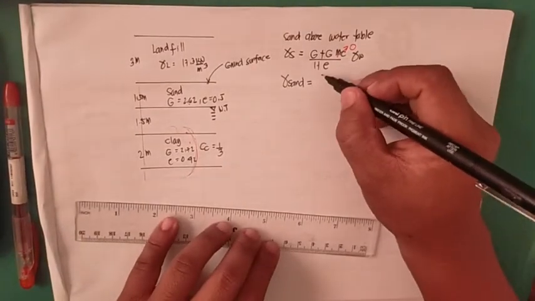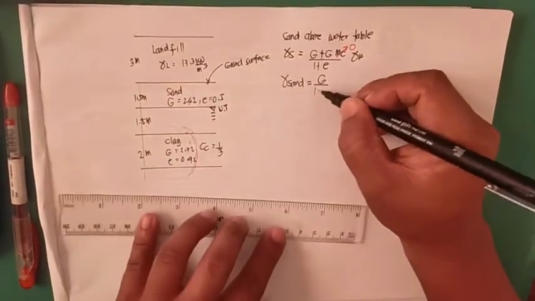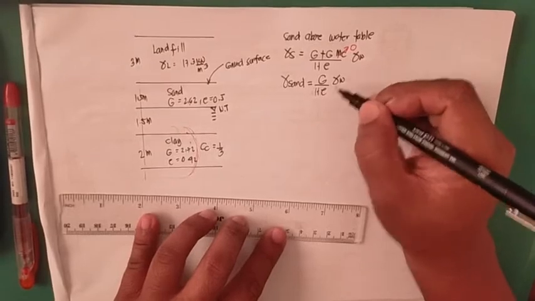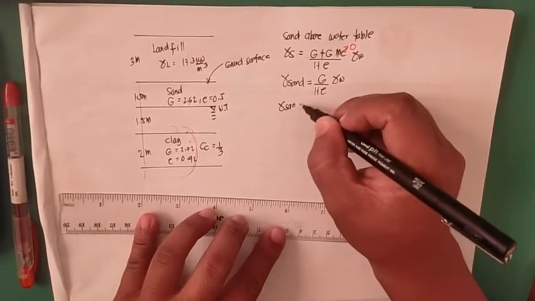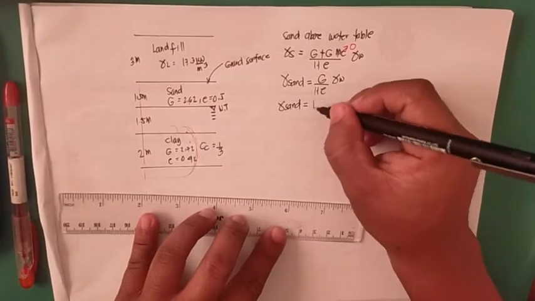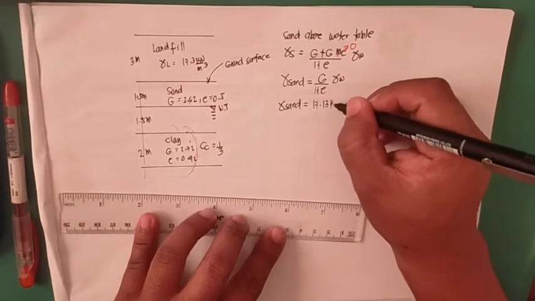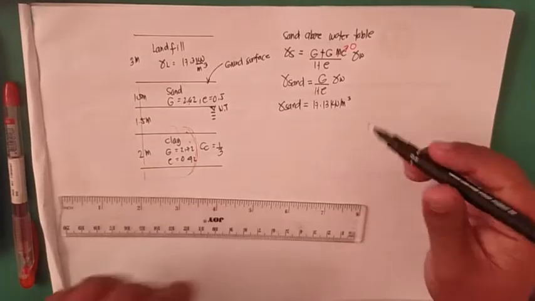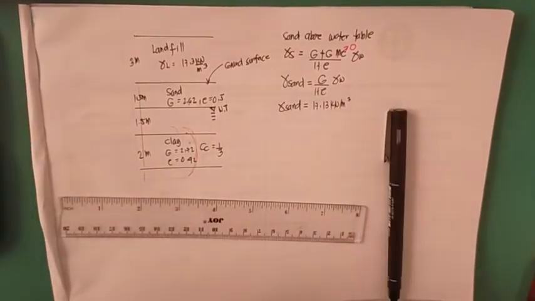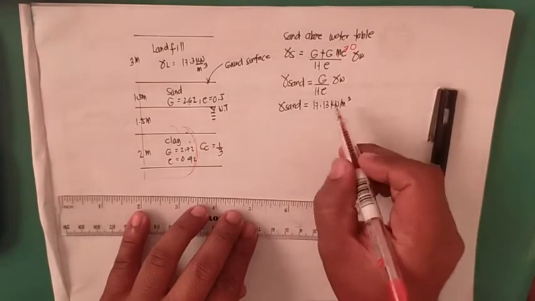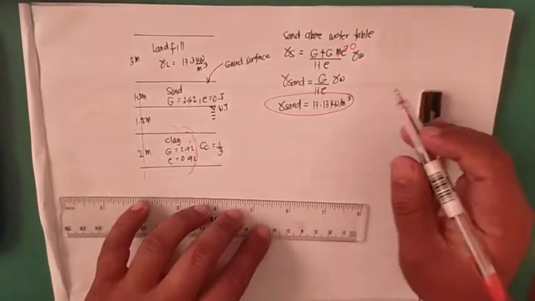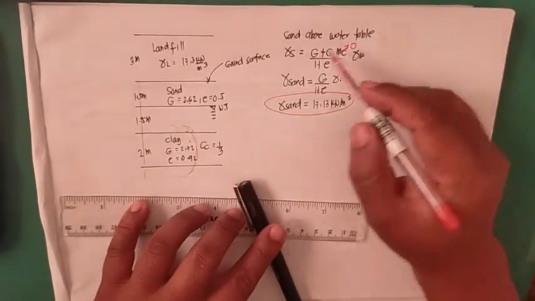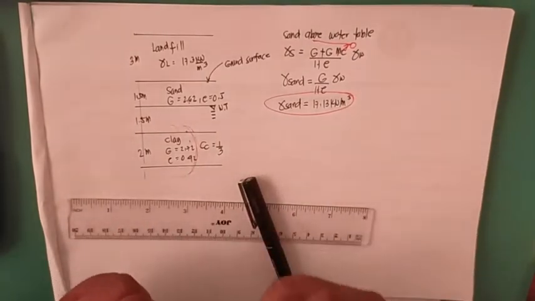So, it will become G over 1 plus e, gamma of water, which in turn will give you a value of 17.13 kilonewtons per cubic meter. Okay, so this is the gamma of sand above the water table.